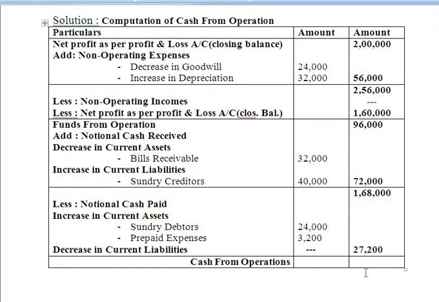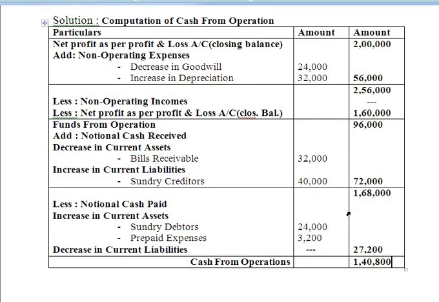So this 27,200 we have to deduct from 1,68,000, and the balance is 1,40,800. How has this 1,40,800 come? 1,68,000 minus 27,200. So this is cash from operations.